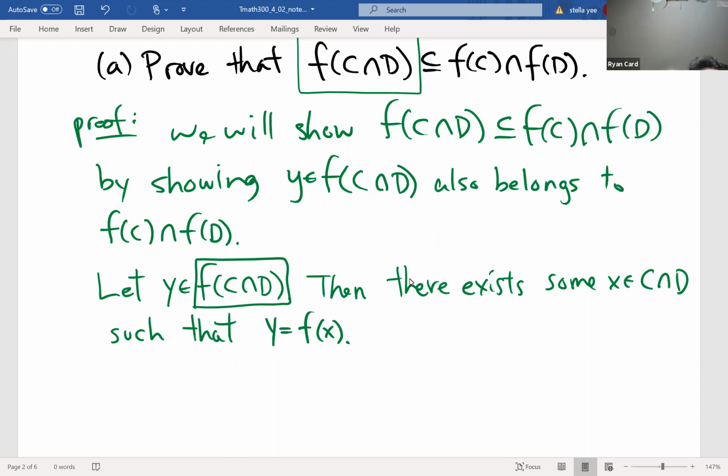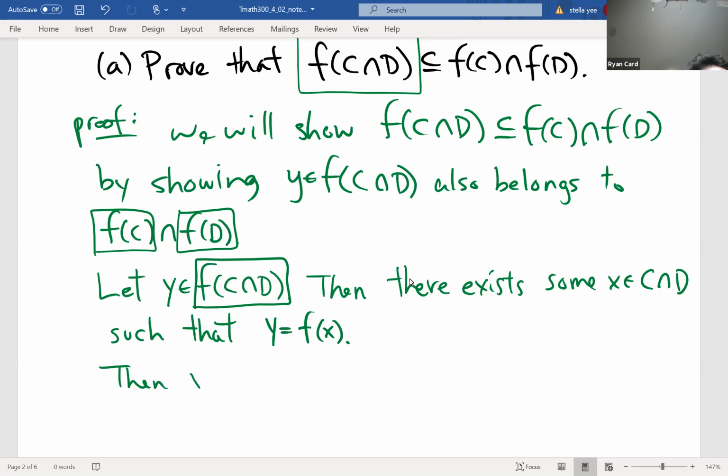Now I want to show that y is in both f of C and f of D at the same time.